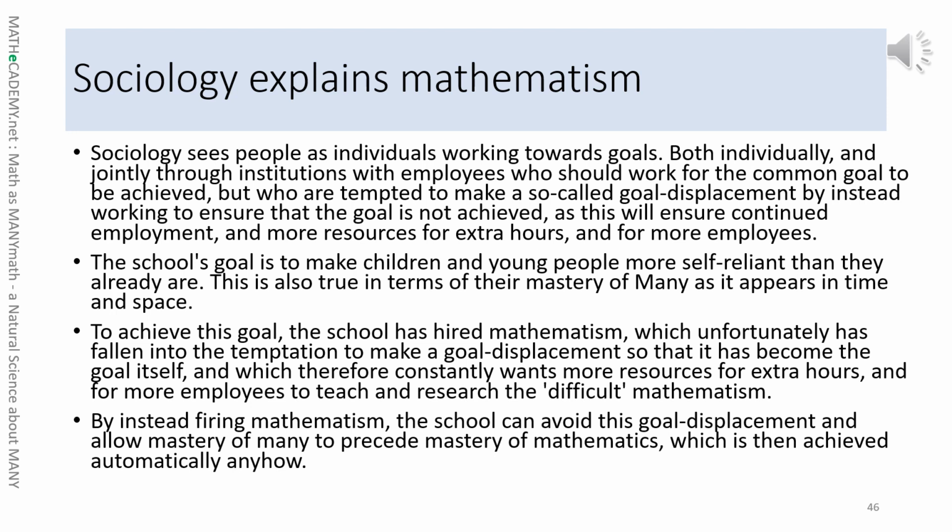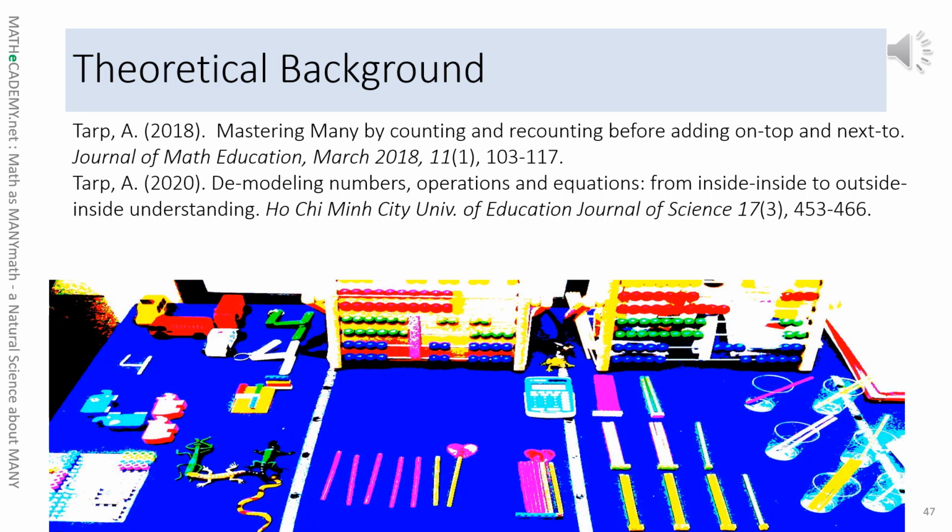The theoretical background for this presentation is 2 articles. Mastering many, by counting and recounting, before adding on top and next to, in the Journal of Math Education. And demodeling numbers, operations, and equations, from inside to outside understanding, in the Ho Chi Minh City University of Education Journal of Science.